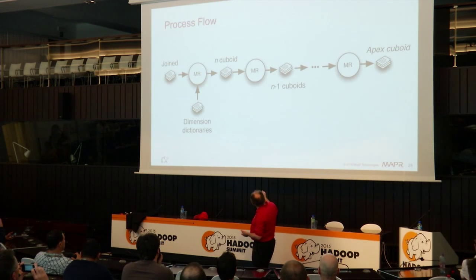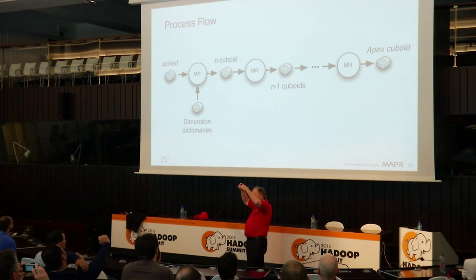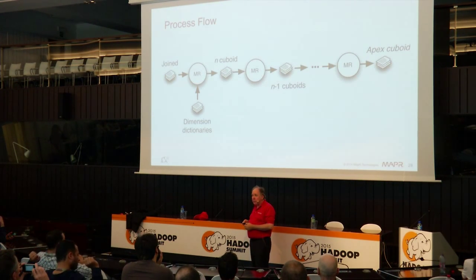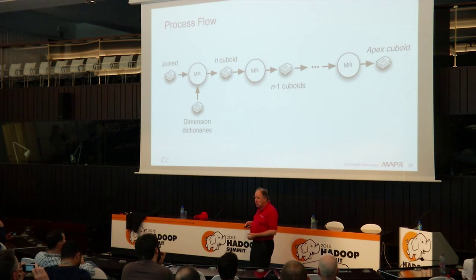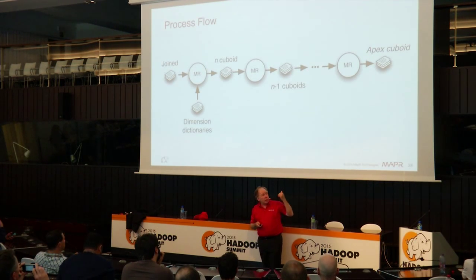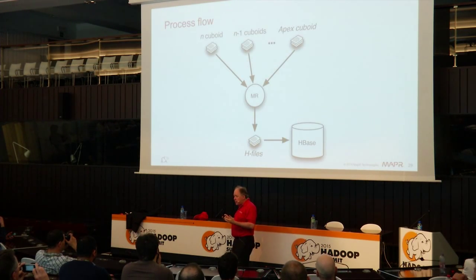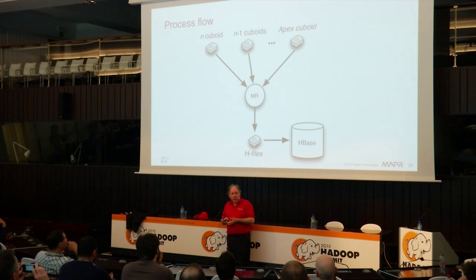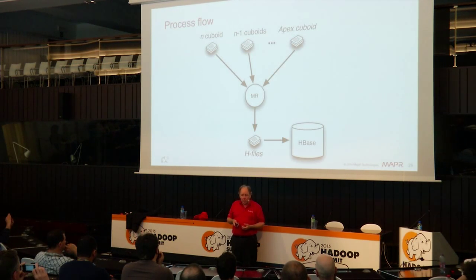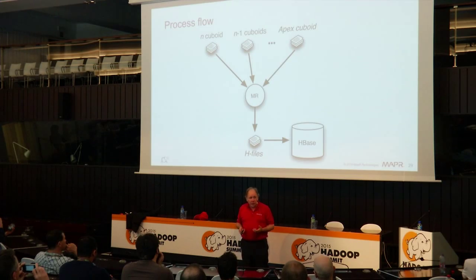It then aggregates that into the next level cuboids, aggregates that into the next level cuboids by a sequence of MapReduce steps, leading to that very tiny one on the right. All of these cuboids are then glued together with a MapReduce program which generates H files, which are suitable for bulk import into HBase.